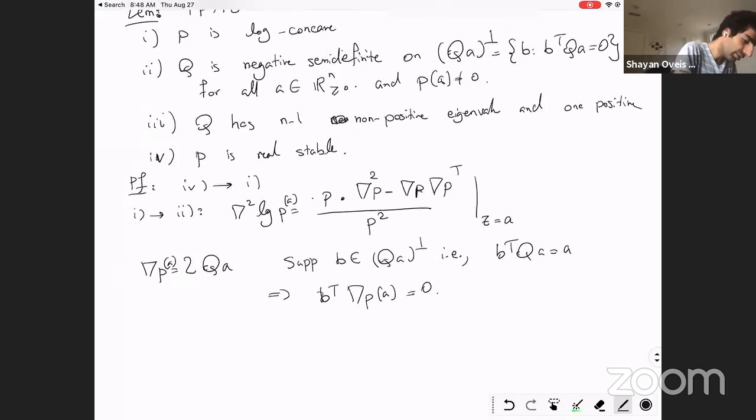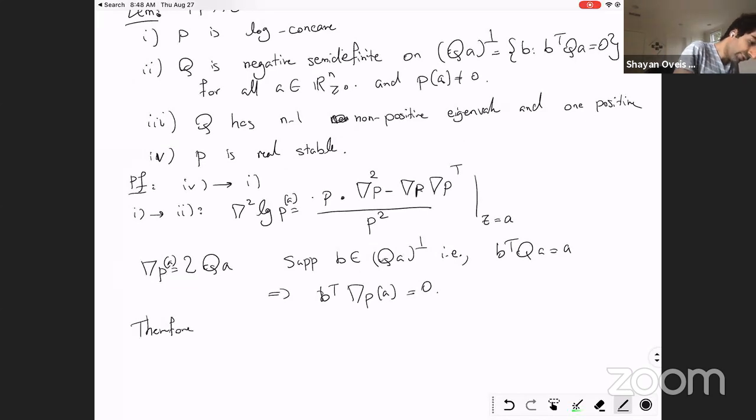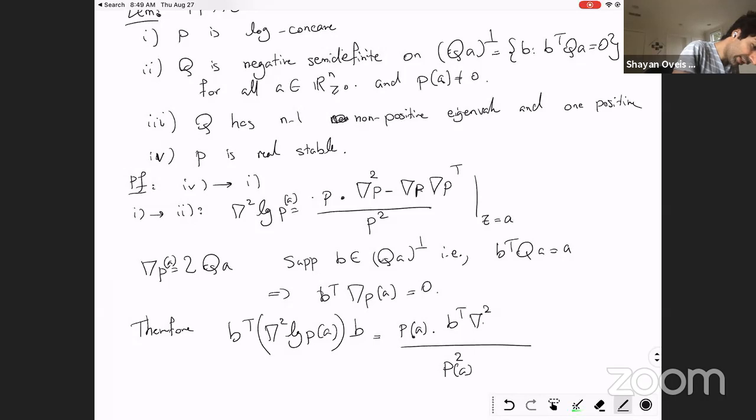Therefore, for any such B, I want to look at B transpose times the Hessian of the log at A times B. This is exactly equal to P of A times B transpose Hessian of P at A times B, over P squared of A, because the other term will vanish. The gradient times B is 0.